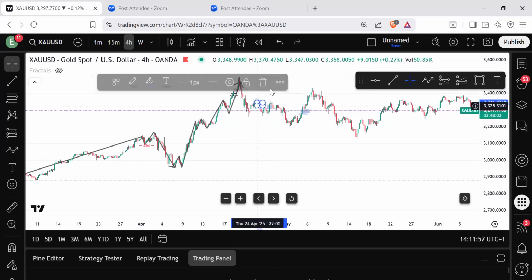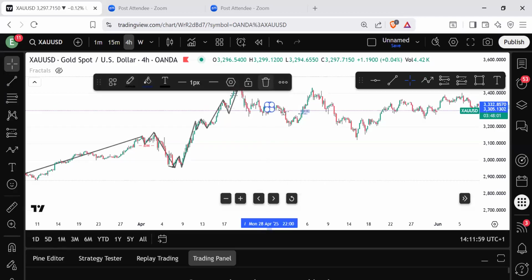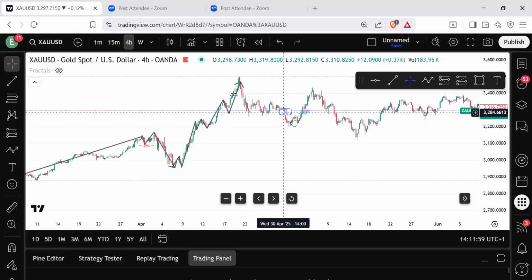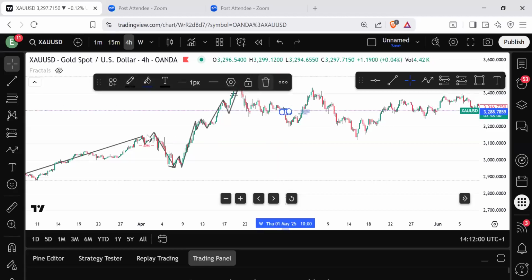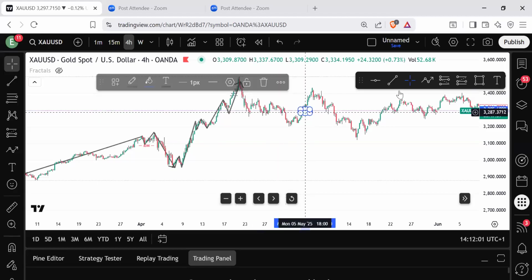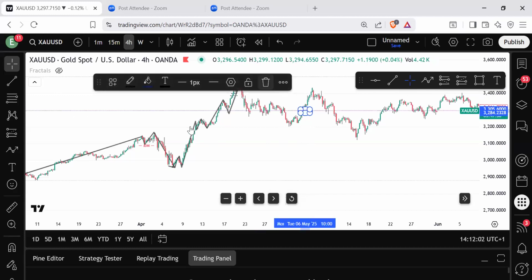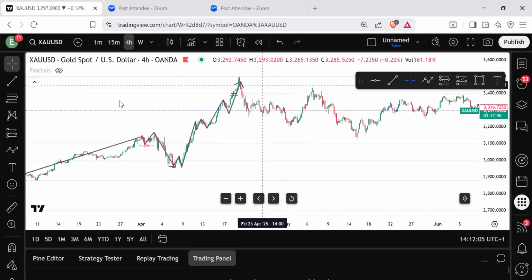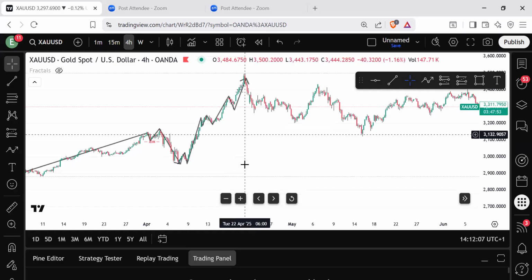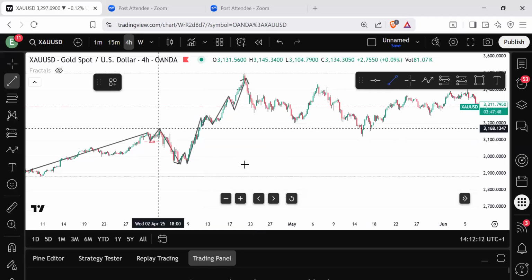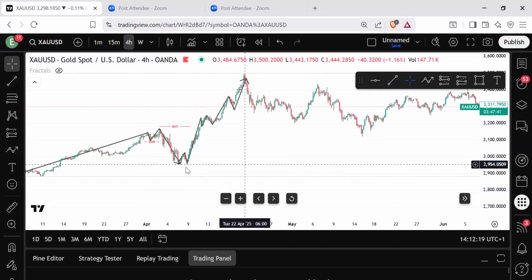Once we have a break of structure, you can see after this correction, we had this break. So the zone that caused the break of structure, that's what we want.